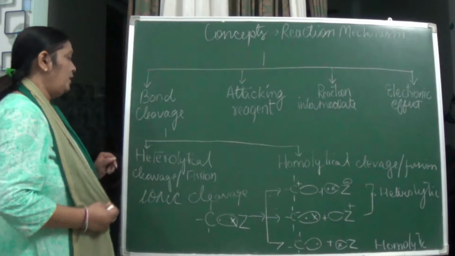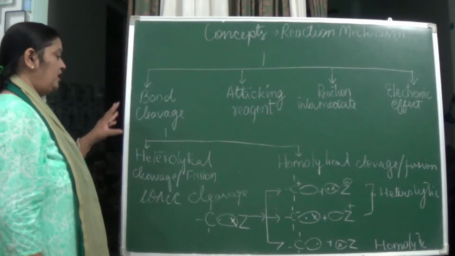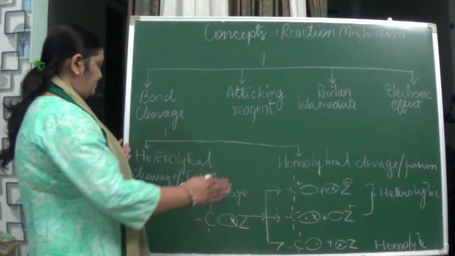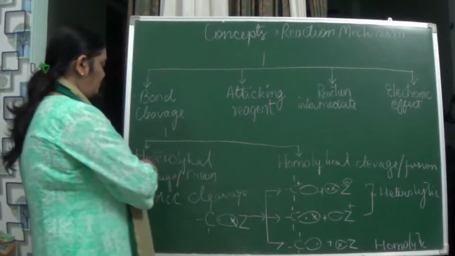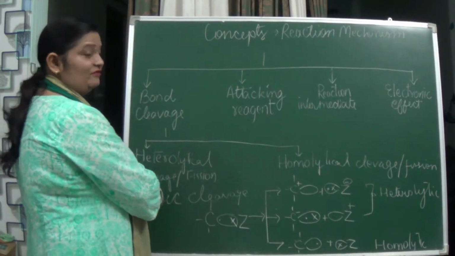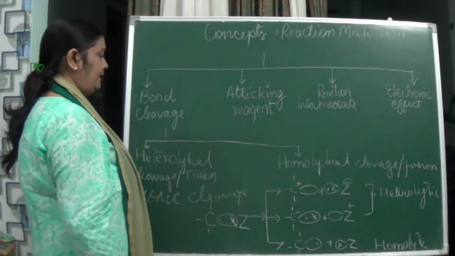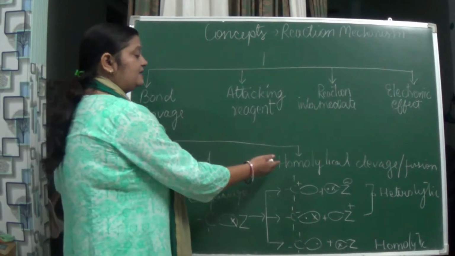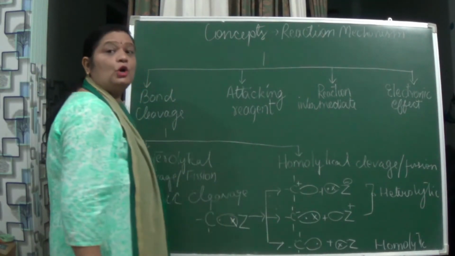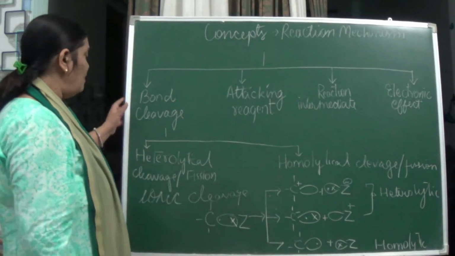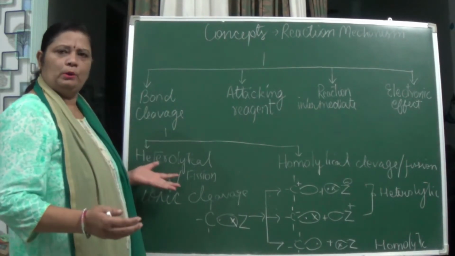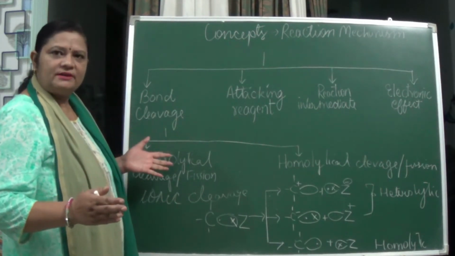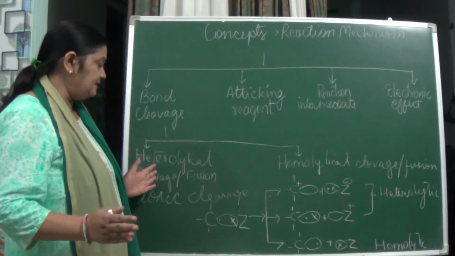So this bond cleavage is of two types. One can be heterolytical cleavage or fission, and the second is the homolytical cleavage or fission. When I say hetero, you all know, it means different, not same, isn't it?